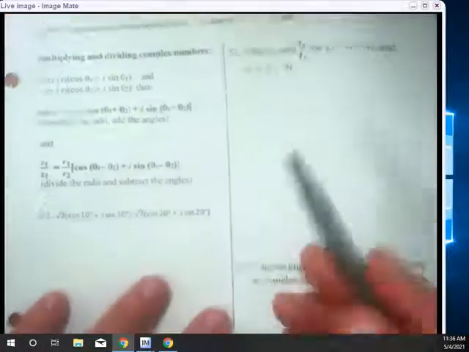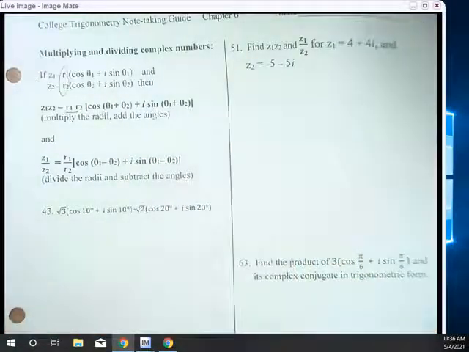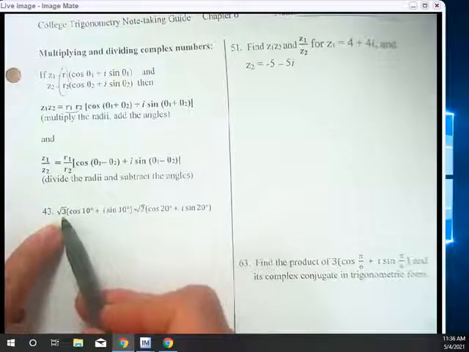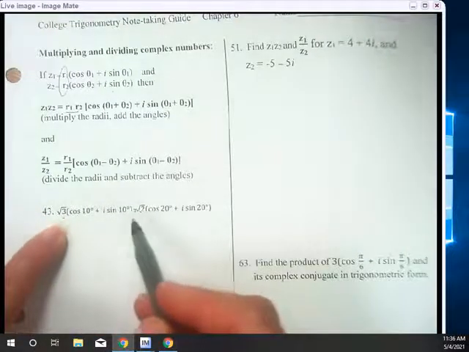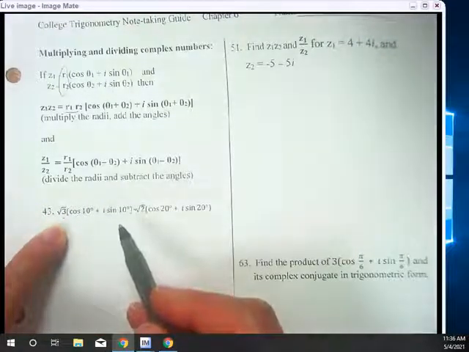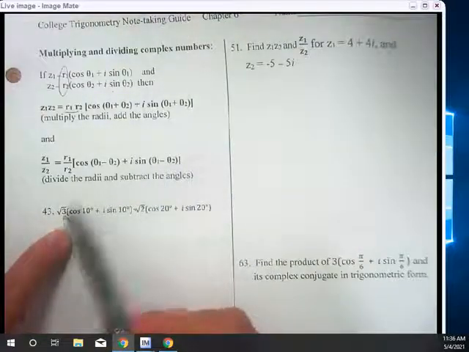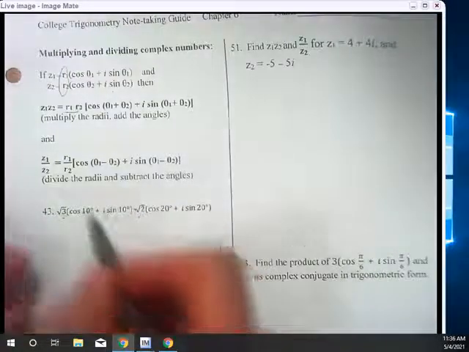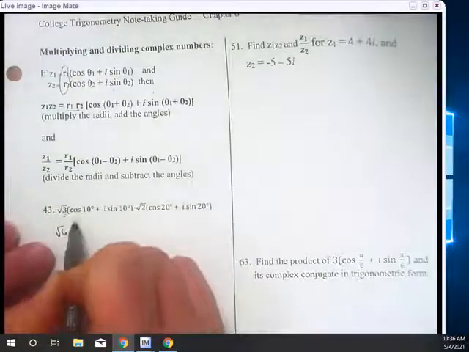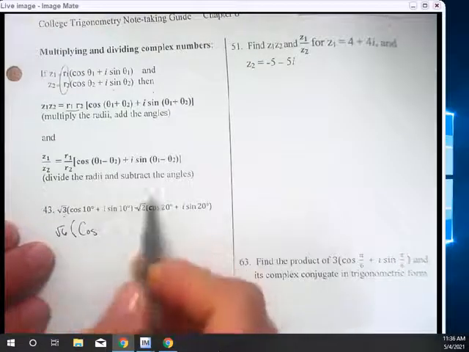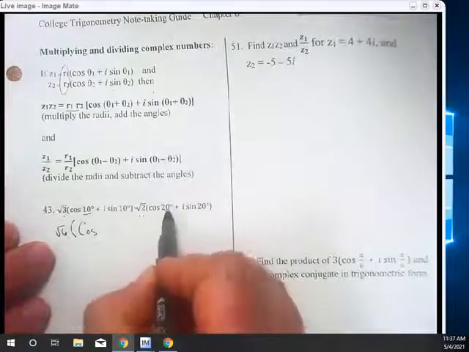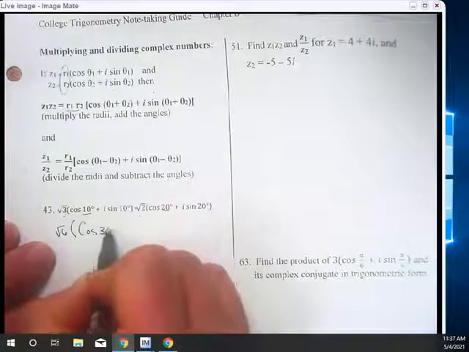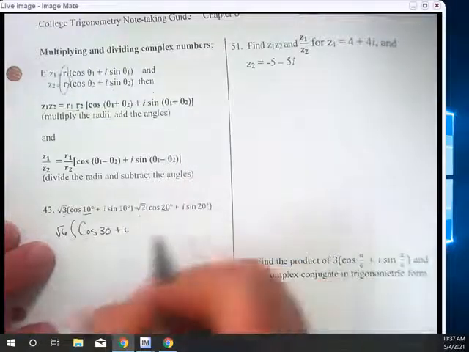All right, so let's see if we can do this multiplication. On problem number 43, the square root of 3 and the square root of 2, multiply those together and you get square root of 6. And then you're going to add your angles together. 10 plus 20, 30.